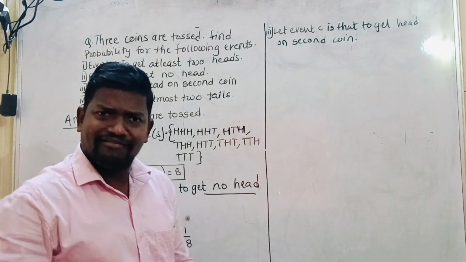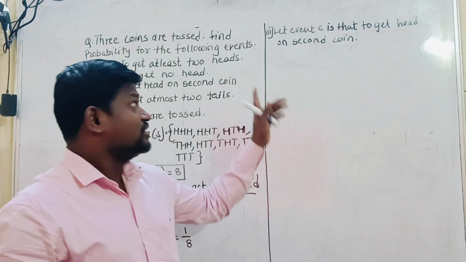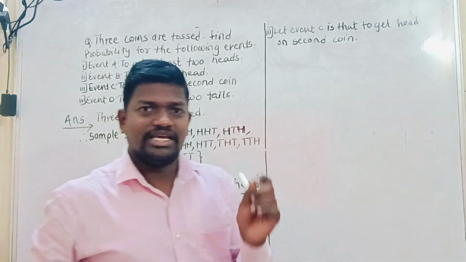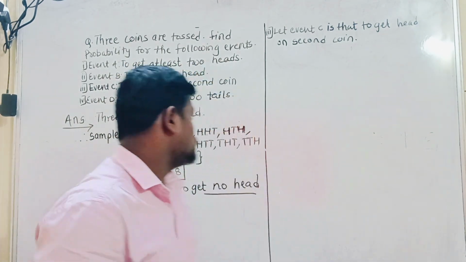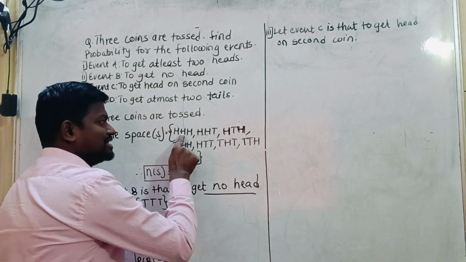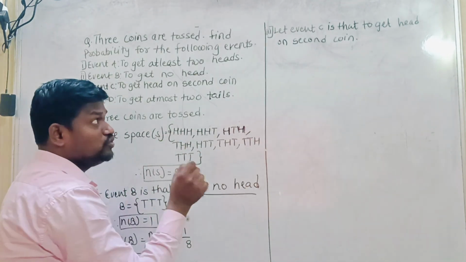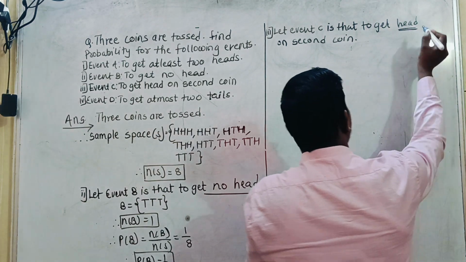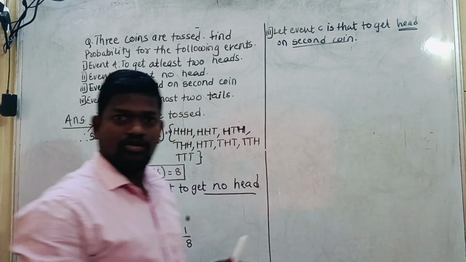So event C is for getting a head on the second coin. See, first coin, second coin, third coin. So we have to obtain a head on the second coin.